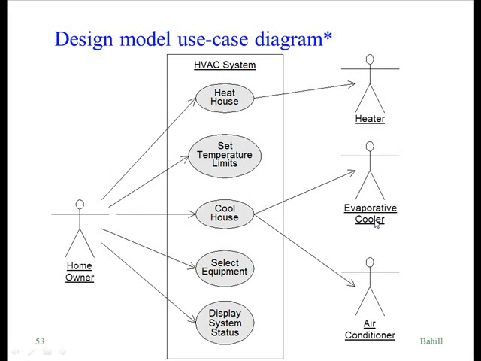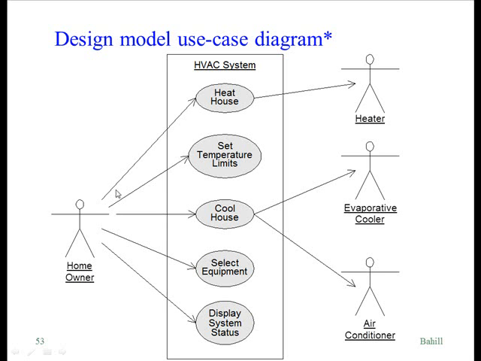So now the design model use case diagram looks like this. Before we did not have some of these use cases like set temperature limits. We also did not have this one, the configure equipment or select equipment.